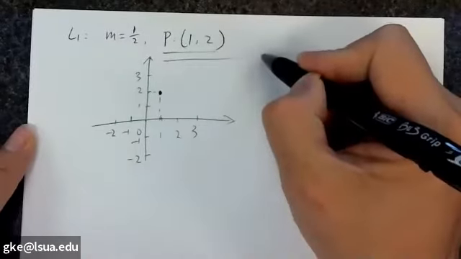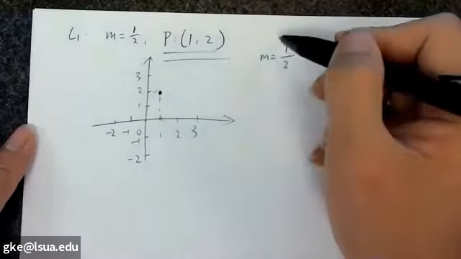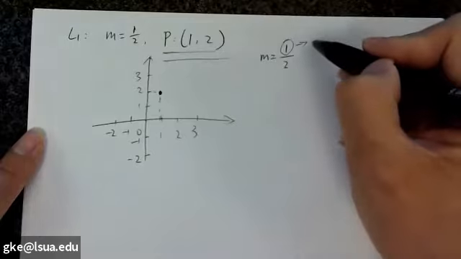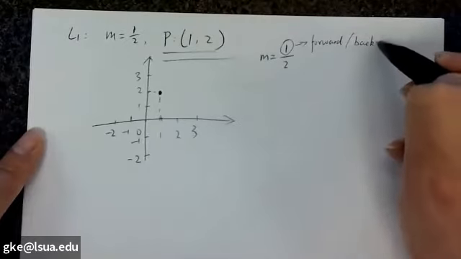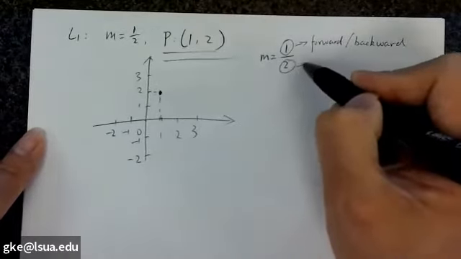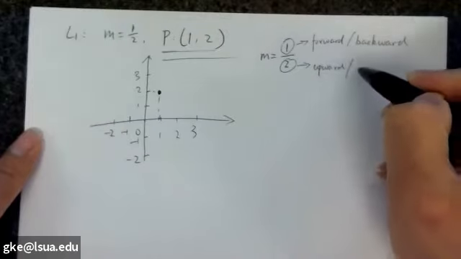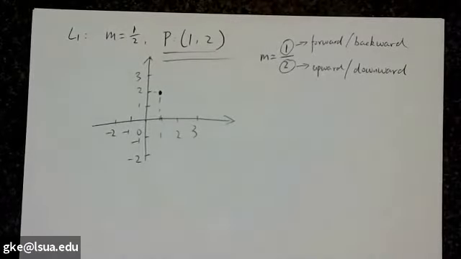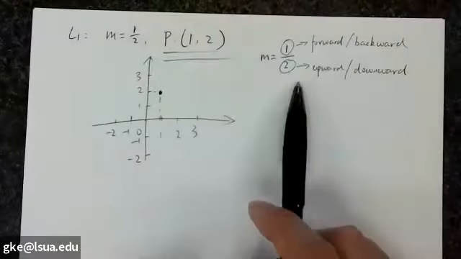Now, take a look. For m equals 1/2, the numerator is always about moving forward or backward, and the denominator is about upward or downward.